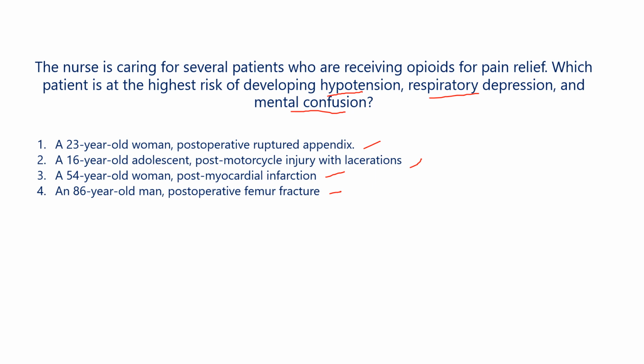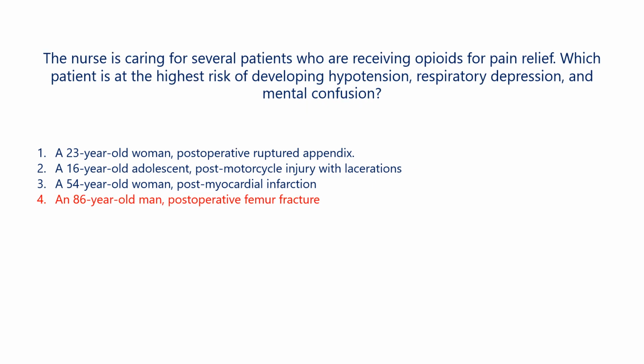When you try to answer these kind of questions, pay attention to the age of the patient and the comorbidities or severity of the situation. So keep those things in mind. And hopefully you picked an 86-year-old male with a post-op femur fracture.